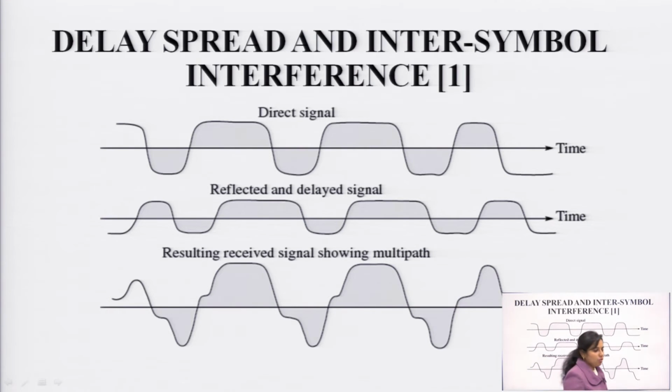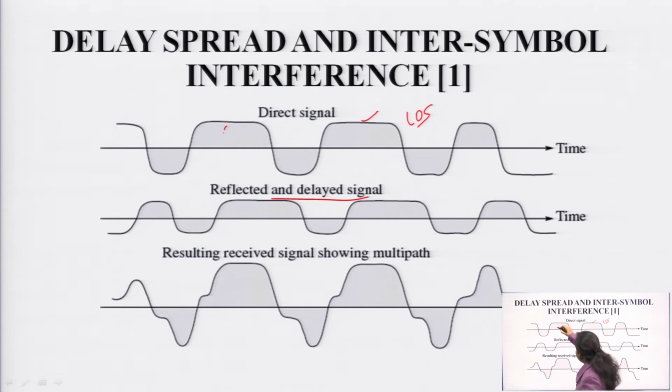Now, next is delay spread and inter-symbol interference. Delay spread is when the signal is transmitted and then spreads; every signal spreads due to the effect of noise, which changes the amplitude of the signal. This one is the direct signal, where line of sight exists between the transmitter and receiver. This is the reflected and delayed signal.